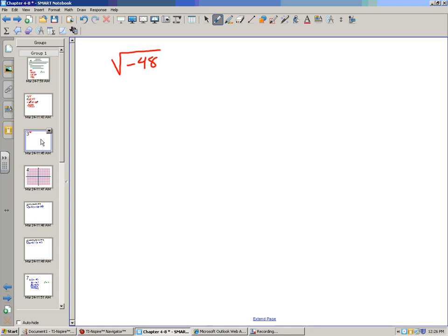Okay, what do I do? Looking for perfect square factors of 48. Give me two numbers multiplied together that give you 48. 6 and 8.